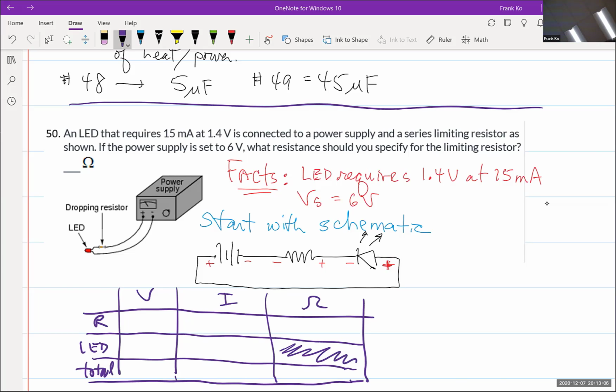But do we have some givens that we can put on here? All right, let's go ahead. What are we given? We have a 6 volt source, yes? 6 volts. What else are you given? The LED requires 1.4 at 15. So this requires 1.4 volts at 15 milliamps. Yeah, 15 milliamps. And your task is to find this value of R up here.